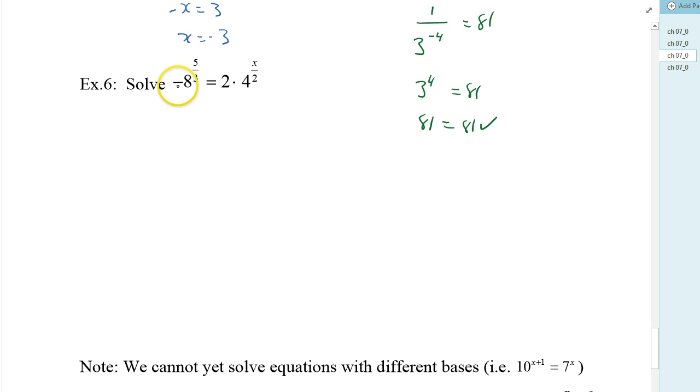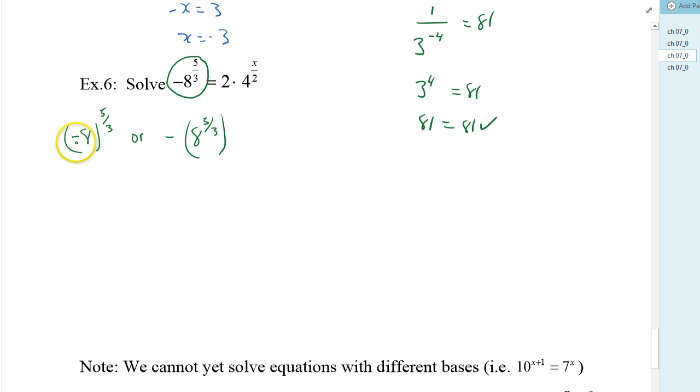Here we have negative 8 to the power of 5 over 3 is equal to 2 times 4 to the power of x over 2. Looking at this negative 8 to the power of 5 over 3, I guess the question is whether the negative is inside of that 8 expression. In other words, is it negative 8 to the power of 5 over 3, or negative 8 to the power of 5 over 3?